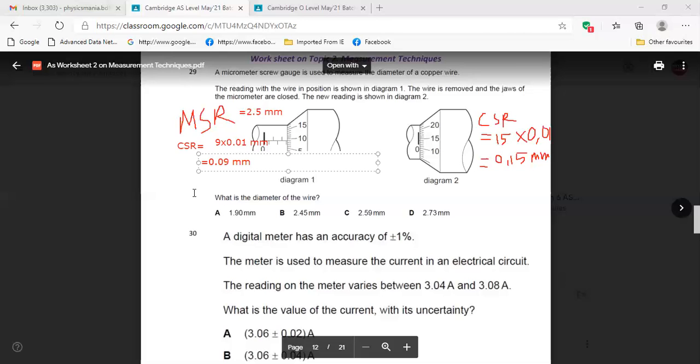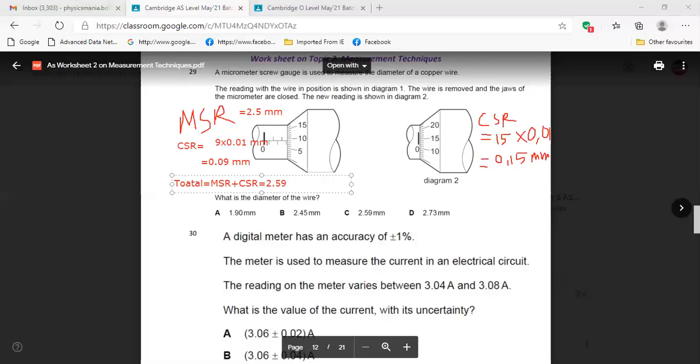Then you have your total. What is the value of total? Total is MSR plus CSR, right? Then what is coming? 2.59.